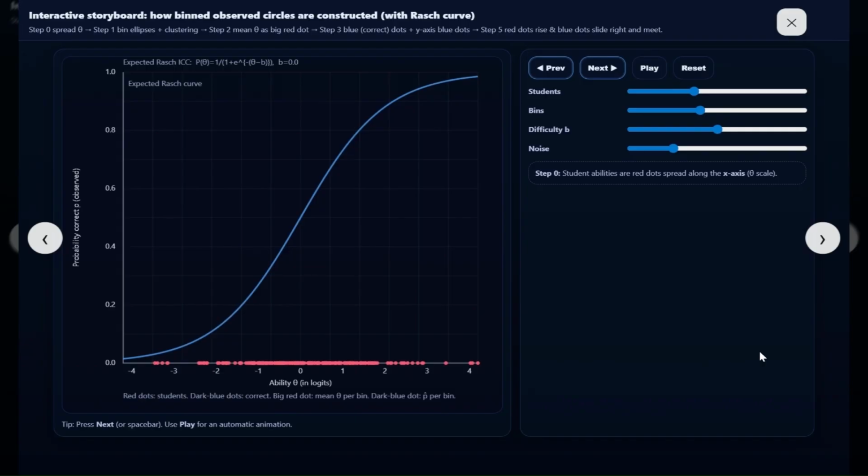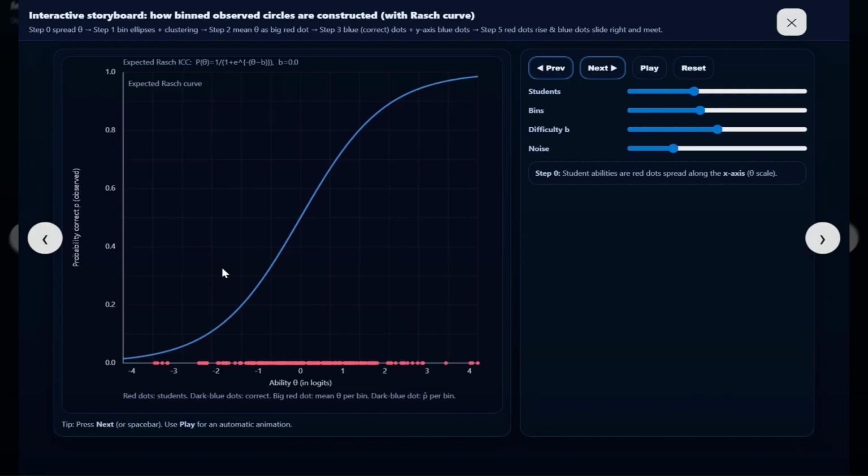It has the difficulty of the item and all the abilities of the students, so it can plot the Rasch curve from the Rasch formula: P(theta) equals 1 over 1 plus exponential of minus (theta minus b). According to that formula, it will compute this nice red line. This means that this line is the nearest of all Rasch curves to this expected matrix of responses.